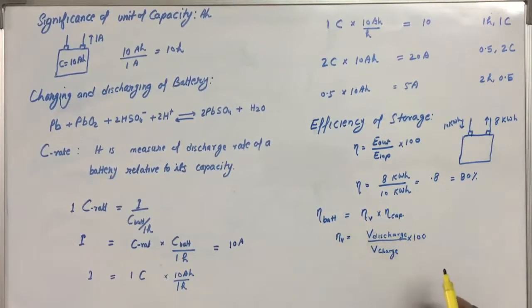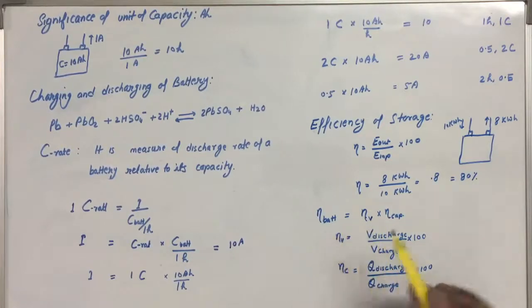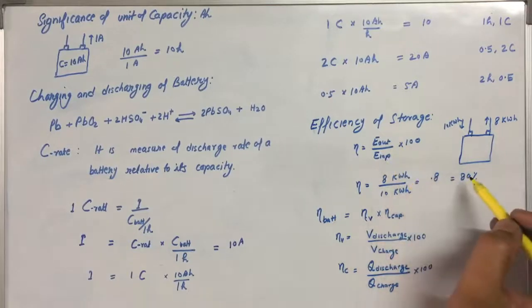This will give us the efficiency for voltage. Similarly, for efficiency in terms of capacity, we can have the discharge current and the charged current, which gives us the efficiency in terms of the charging of the battery. So combining these two, when we multiply these two, it gives us the efficiency of the battery. That is nothing but E out by E input, that is 80%.